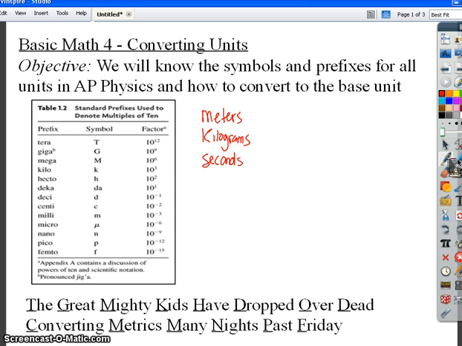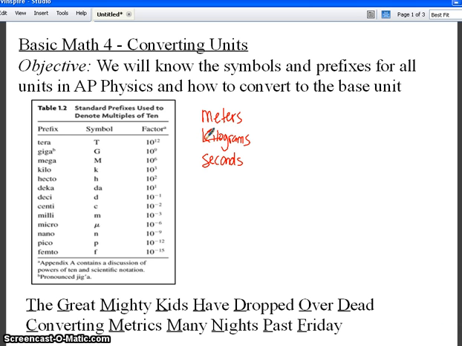But in front of all of these units, we might have a prefix. Like we have kilograms here. Like we might have a centimeter. You've probably heard of this. That's something very basic. We might have a micrometer. A microsecond.